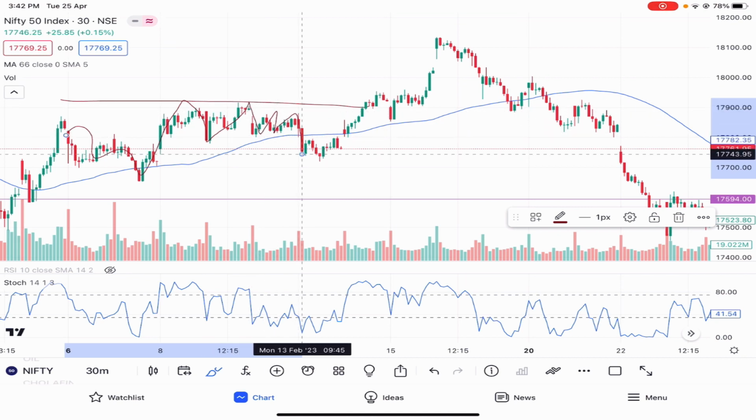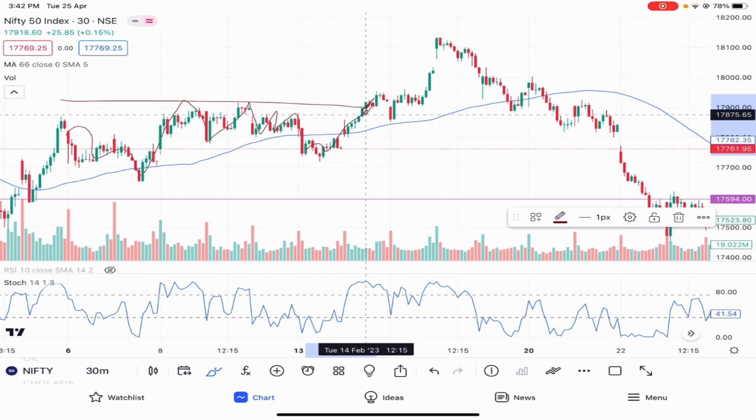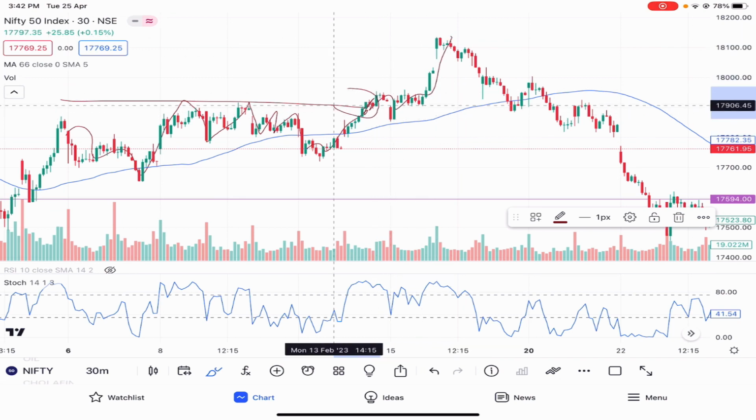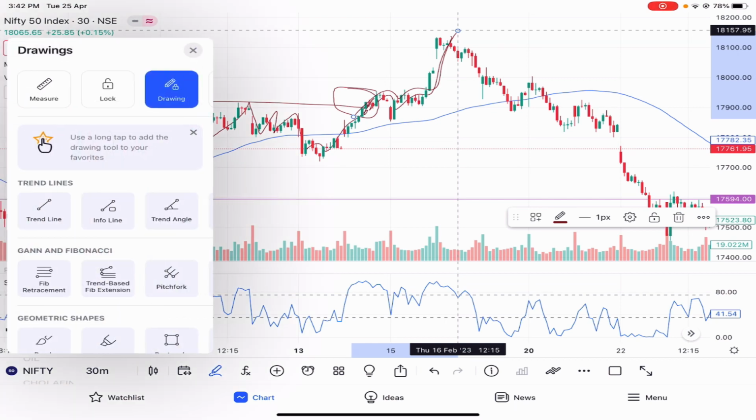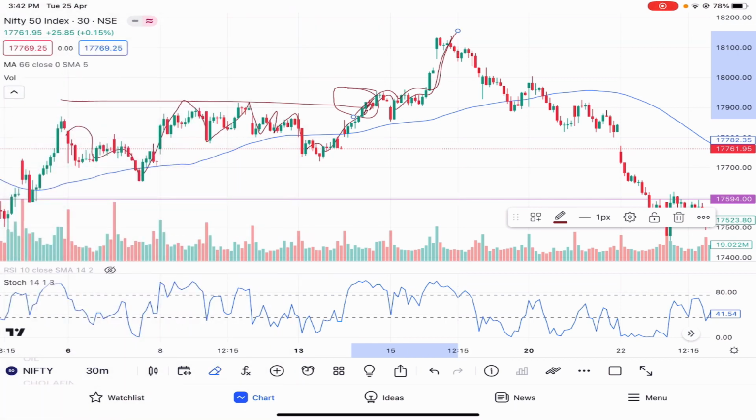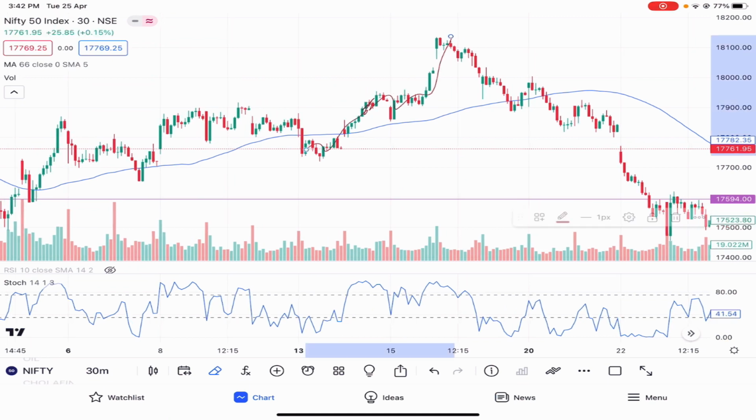So that was a resistance point, right? The price was resisting from going further up. But here what happened? The price broke the resistance level and went up. So that's what I'm trying to say, that the support and the resistance are not permanent. It can be broken down.